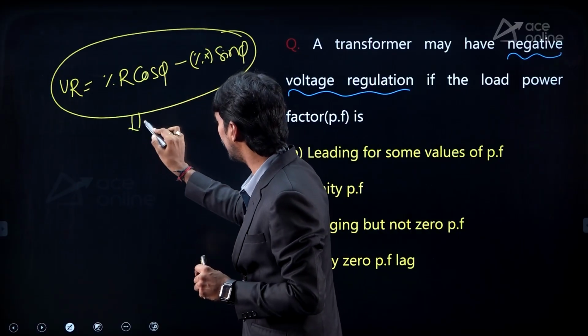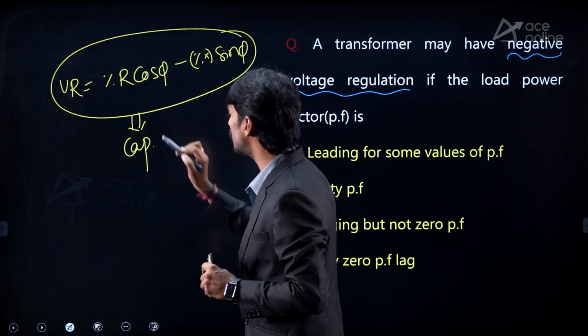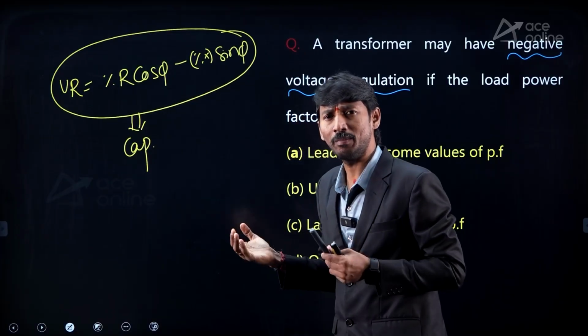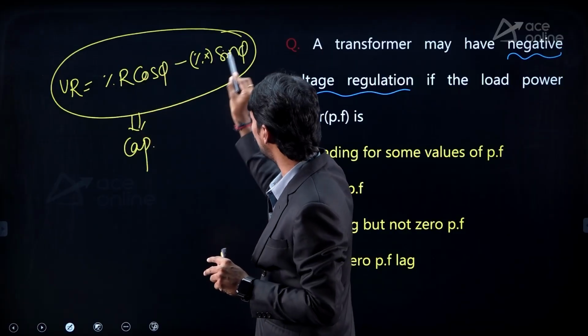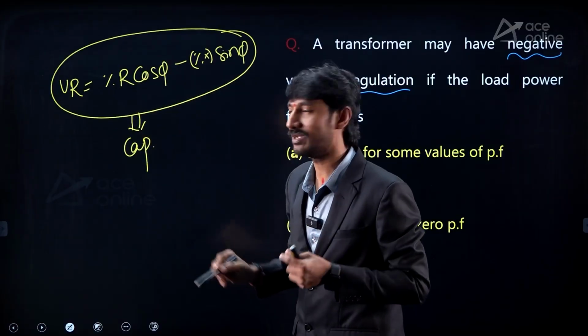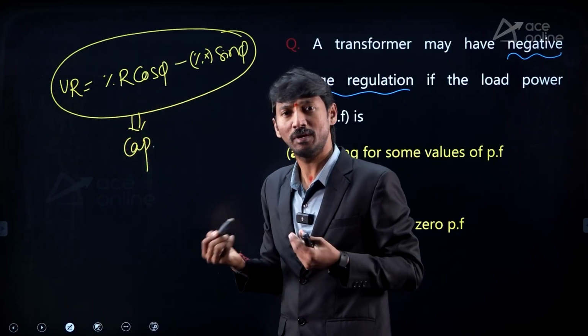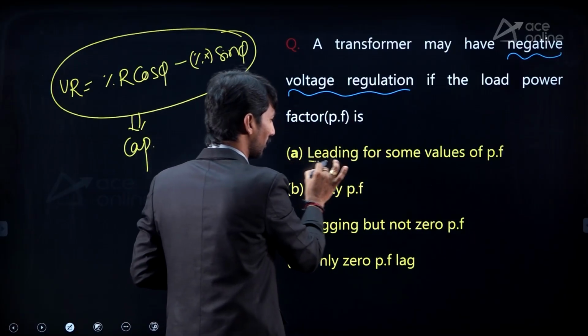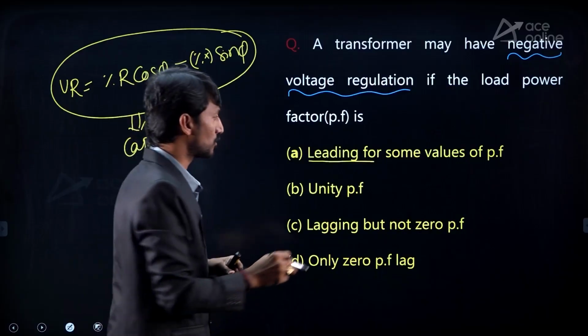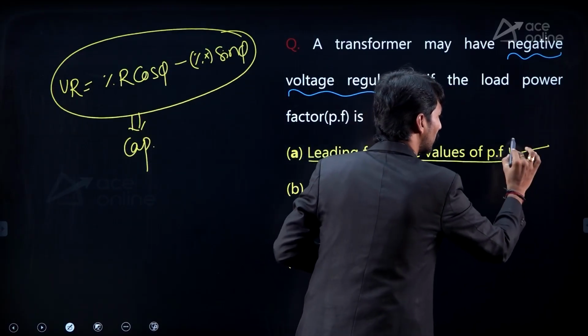Therefore, negative voltage regulation is possible for which loads? Capacitive loads at some power factor values, correspondingly small value, large value. According to that, we can say yes, voltage regulation may be negative for some values of capacitive load. Check it here. Leading power factor, yes, leading capacitive for some value of power factor, correct?